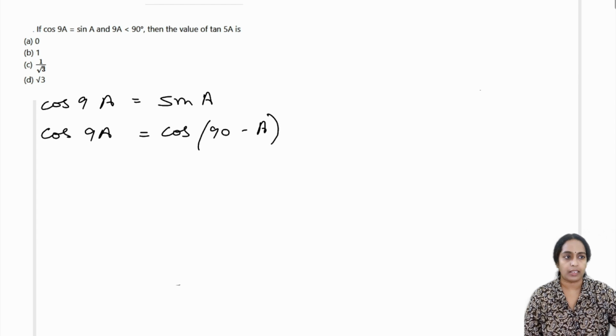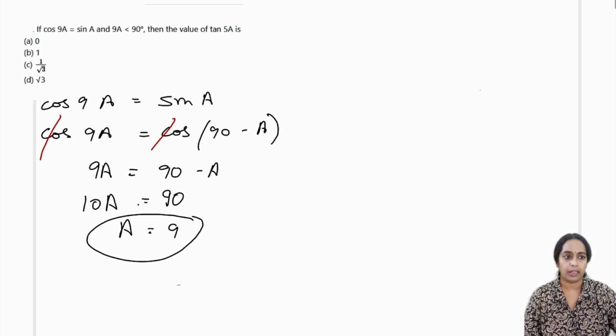So cos of 90 minus A. Cancelling cos on either side, 9A will be equal to 90 minus A. This minus A, if it is transposed to the left hand side, becomes 10A. 10A is 90, so A is going to be 9.